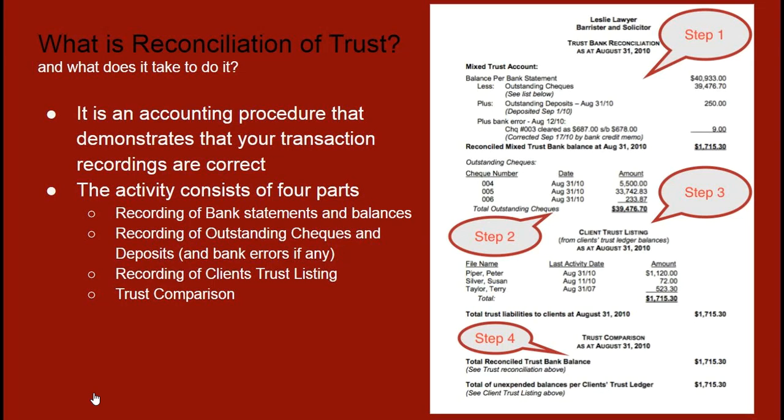Anytime money enters, let's say a client pays you a retainer, you take that check, you write it down into your bookkeeping system saying, hey, today on October 9th, I received this. But eventually you take that and you deposit it into the account that you have with a financial institution. So now the financial institution also has a record of that transaction.